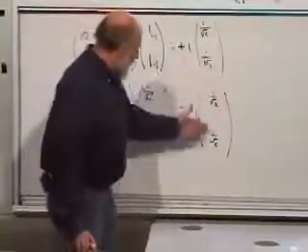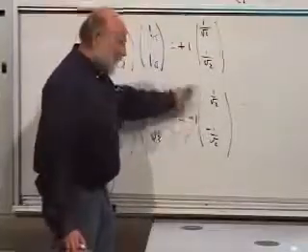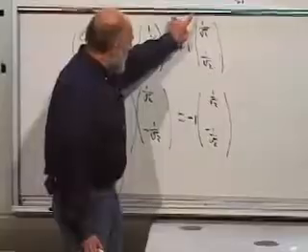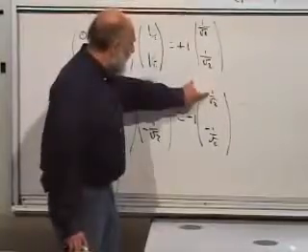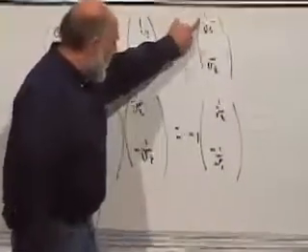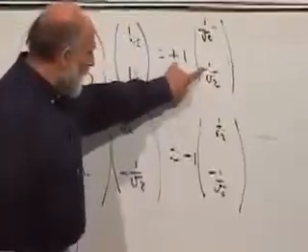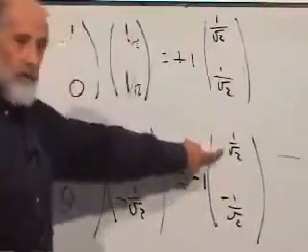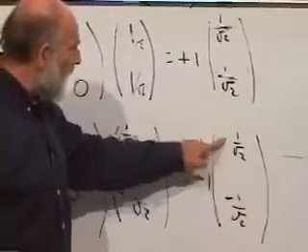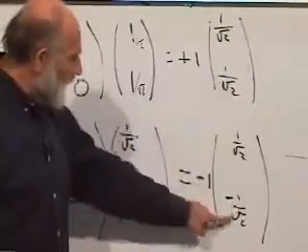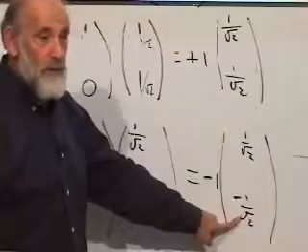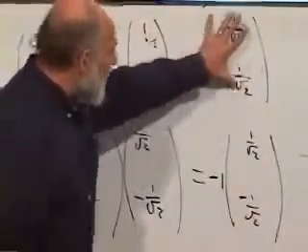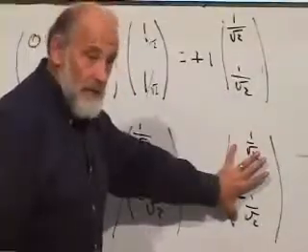To take the inner product of two vectors, all of whose entries are real, all we have to do is take the product of the first two entries and add to it the product of the second two entries. So we get 1 over square root of 2 times 1 over square root of 2. That's a half. And then 1 over square root of 2 times minus 1 over square root of 2. That's minus a half. A half plus minus a half is 0. This vector is orthogonal to this vector.